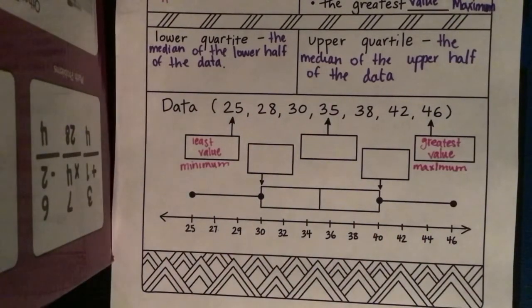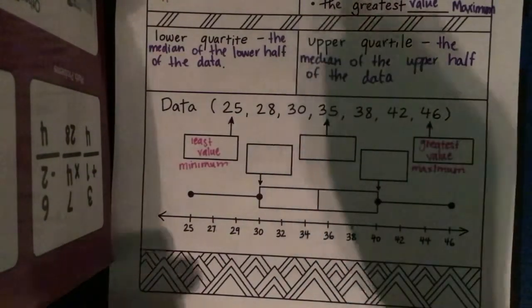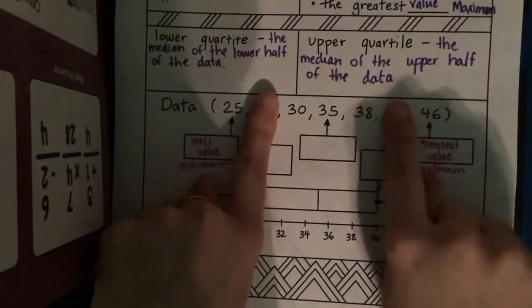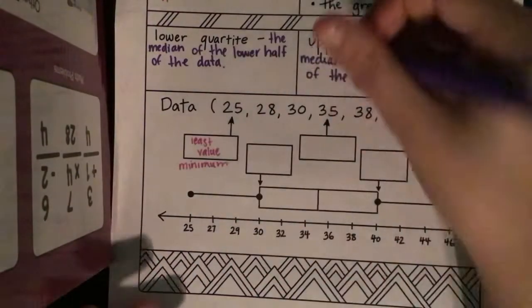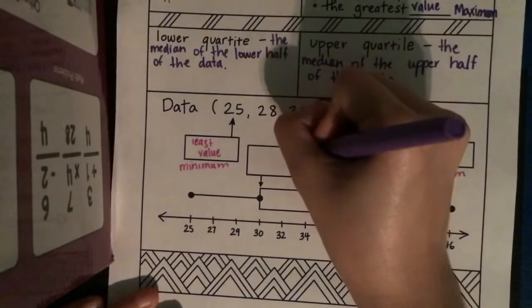Now the median, remember we talked about this already. We want to find the number in the middle. First thing, check the order. Well, they're already in order from least to greatest. Now we need to find a number in the middle. So I'm going to cover up one from the front, one from the back, one from the front, one from the back, front, back. So we end up with 35. So this will represent the median.